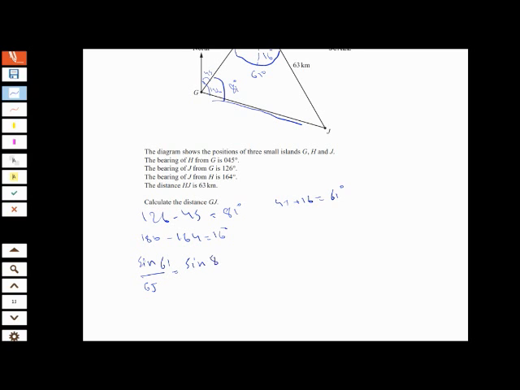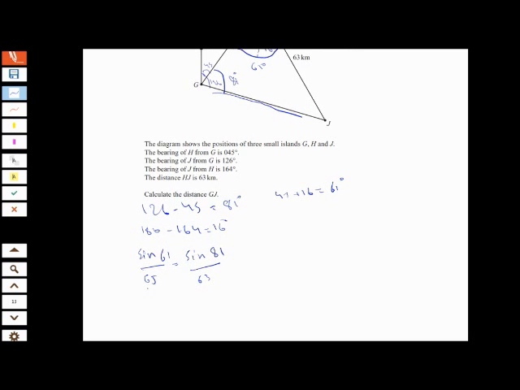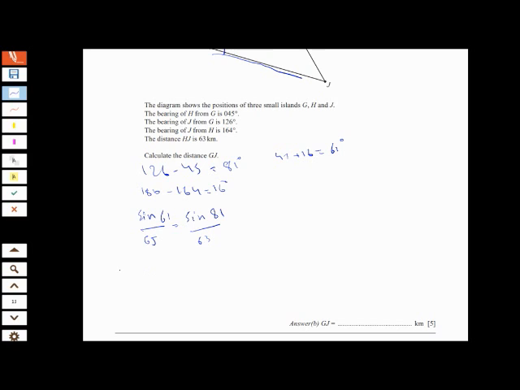Now let's find GJ. Sine 81 over 63 equals 0.156. Then multiply both sides by GJ to get rid of the denominator.